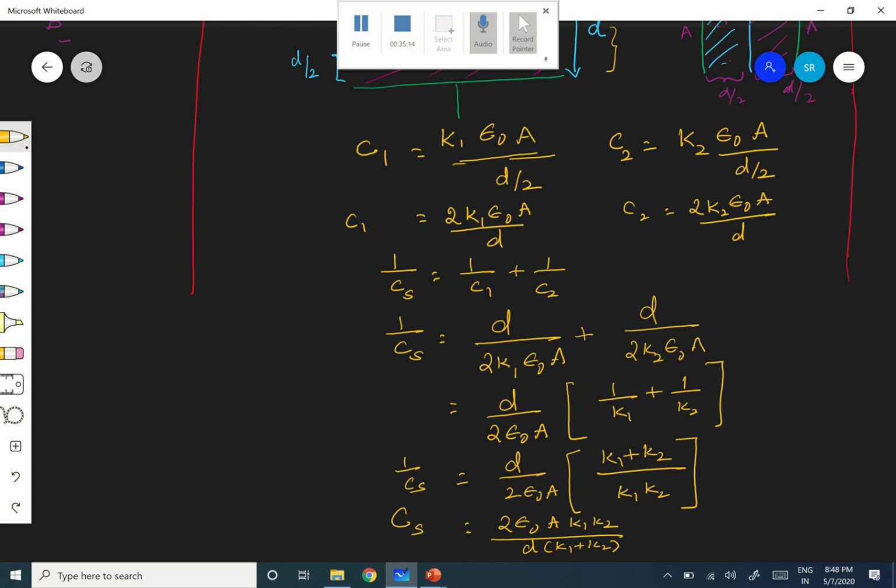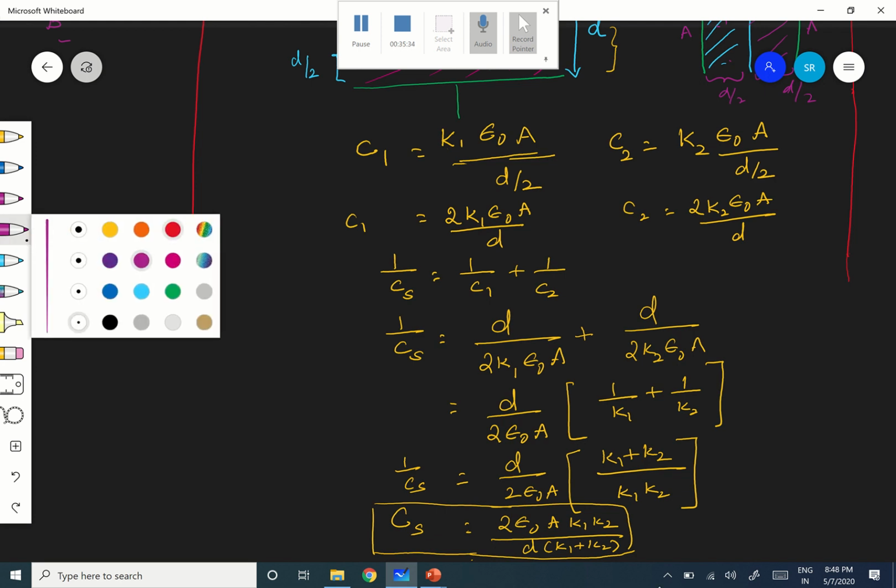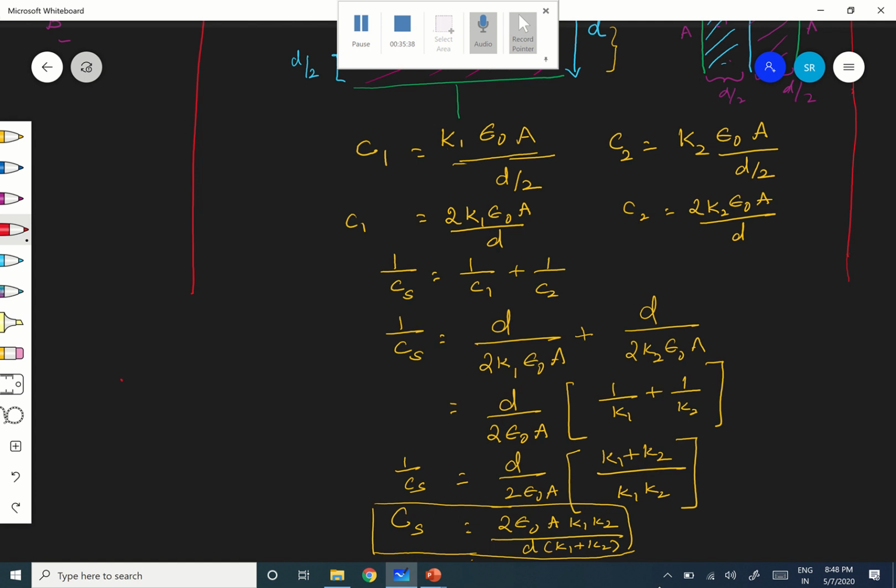Correct? This is your Cs. Hope you're following. So this is the capacitance for this arrangement. Okay, next one.